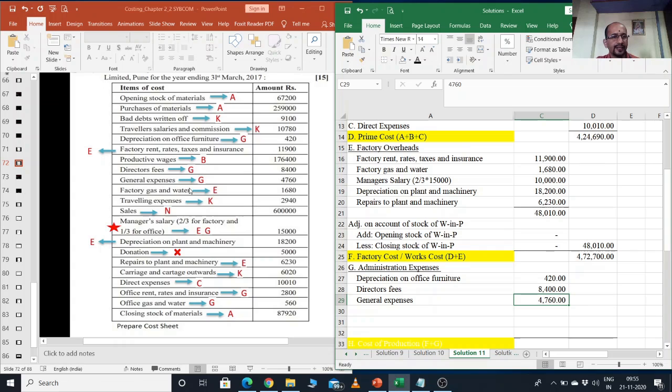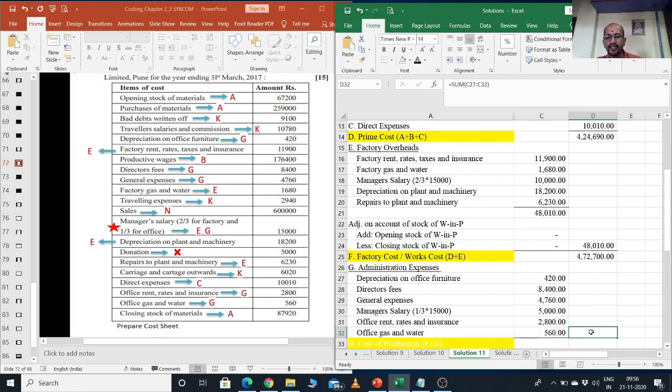Next, manager's salary. The adjustment is 1/3 of 15,000, that is 5,000. Next is office rent, rates and insurance. The amount is 2,800. Next, office gas and water, 560.